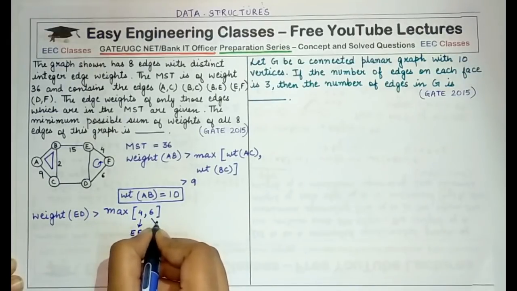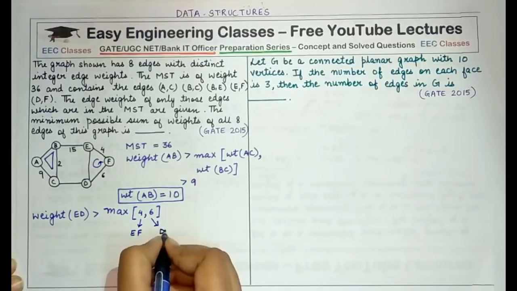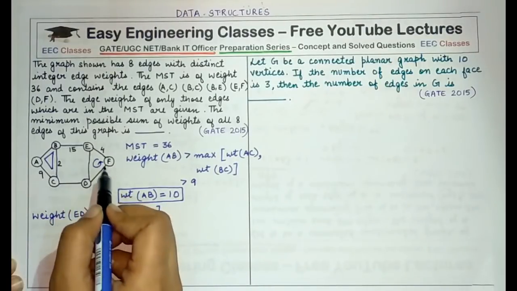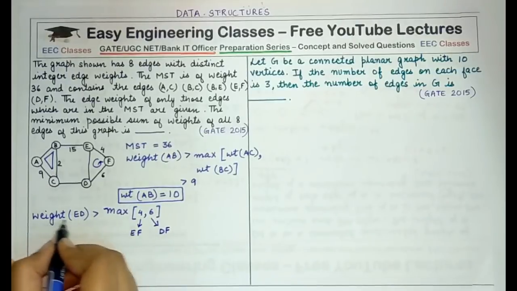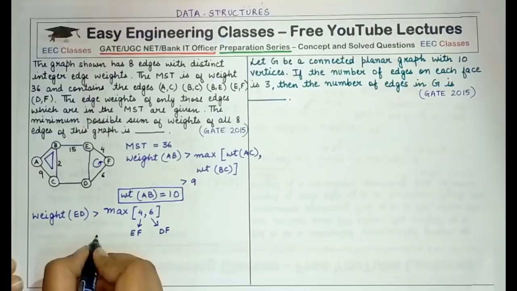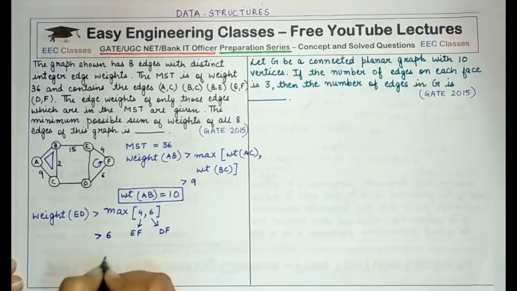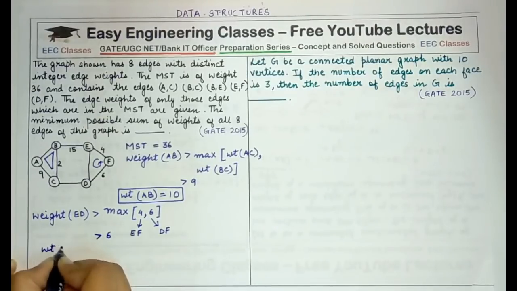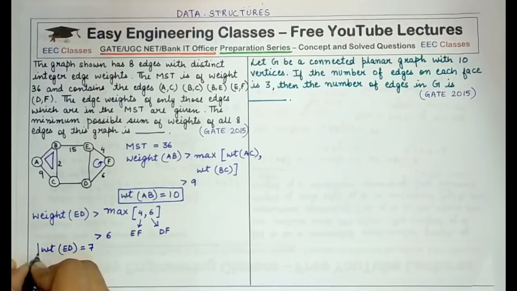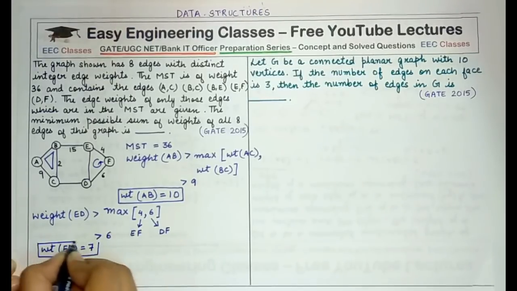Okay, so if these are the edges that are minimum out of the three edges ED, DF and EF, then definitely the weight of ED would have been greater than the max of the two, which means this weight would have been greater than 6. Thus we can say the weight of ED would have been 7, or we can safely assume the weight of ED to be 7.